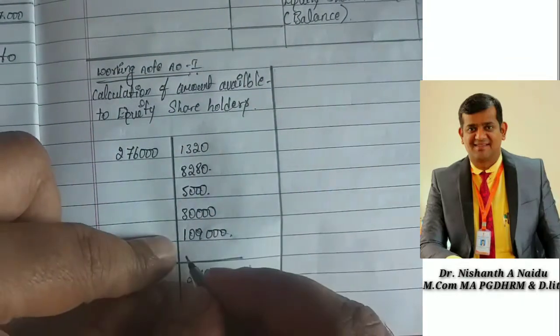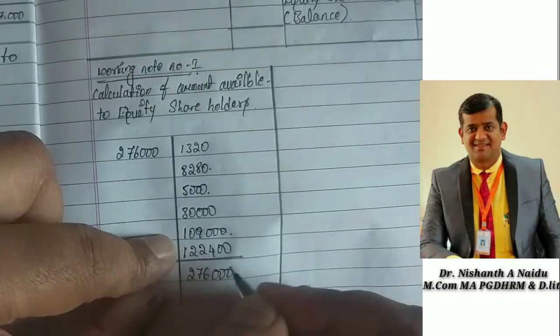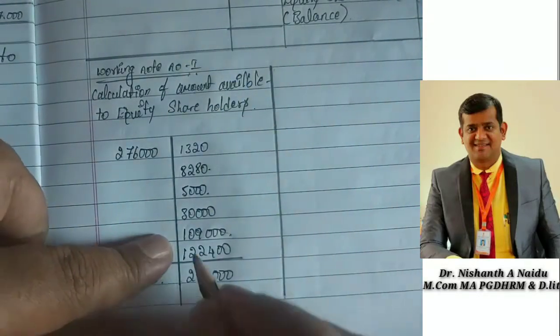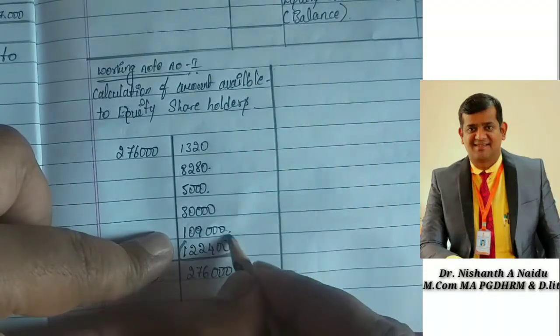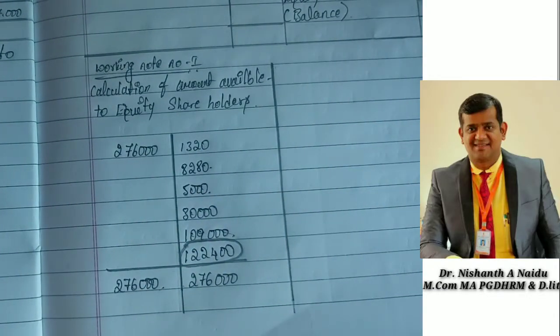You also calculate and check, are you getting the same figure? You should also get the same amount. So 1,22,400 is the amount available for equity shareholders. Okay. So now what do we have to do?